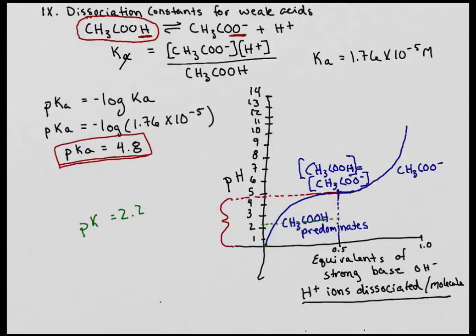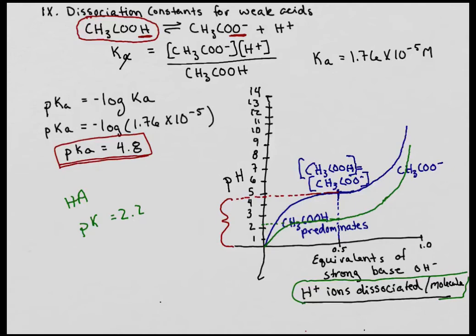So as we add equivalents of strong base, and we hit the midpoint, that resists the pH change, and then as we add the full equivalent, it completely titrates off that acidic proton. So you can see why ions dissociated per molecule is also a good measure for this x-axis. So at this point, let's call our fictional acid HA.